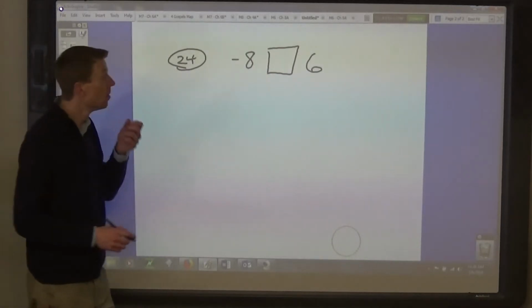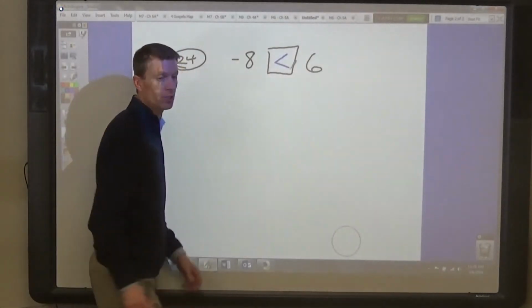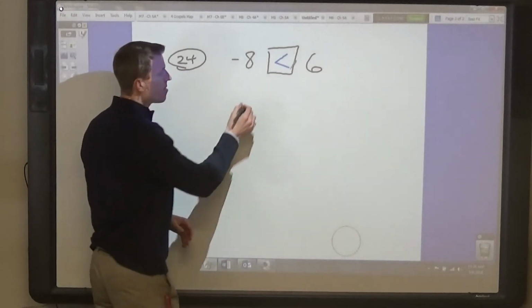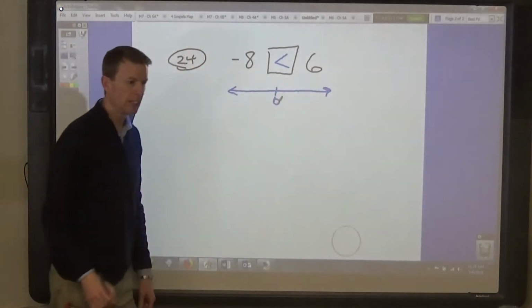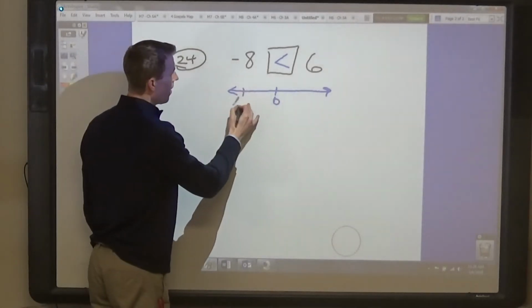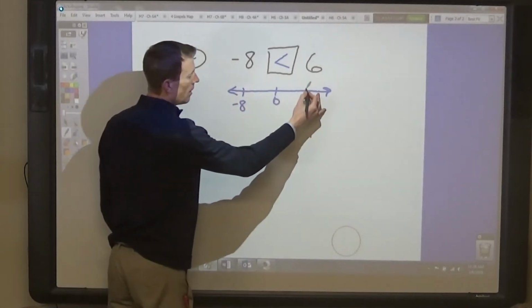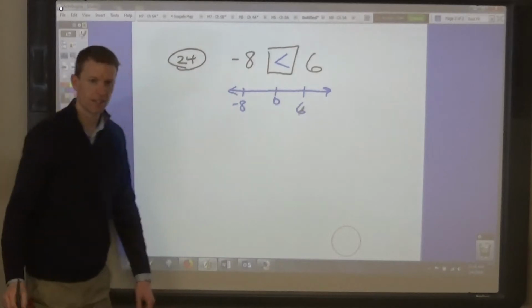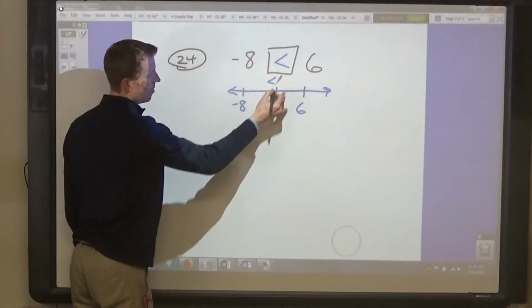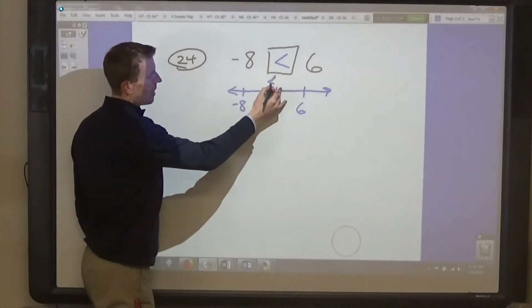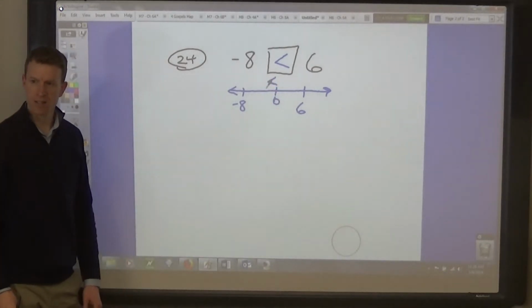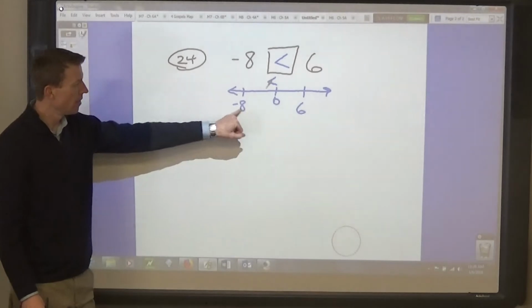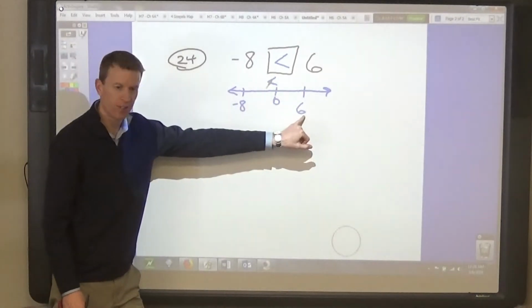To the left. Right, the arrow points to the left. You know why? Because on a number line, here's 0, and -8 is to the left of 6. Look. That's why that arrow points that way. That's what that means. That on a number line, -8 is to the left of 6.